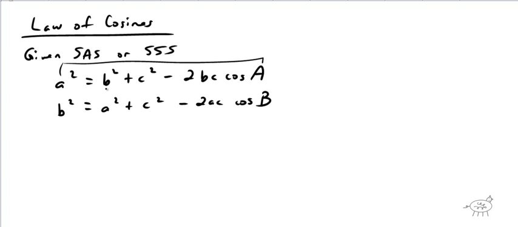And we have the other two sides, b and c, and then we have b and c again here. So if I ask you what c squared is, you should be able to go, oh, it's the two missing sides, so it's a squared plus b squared minus those two times ab cosine of, well, angle C.